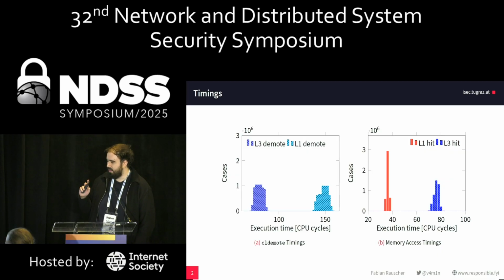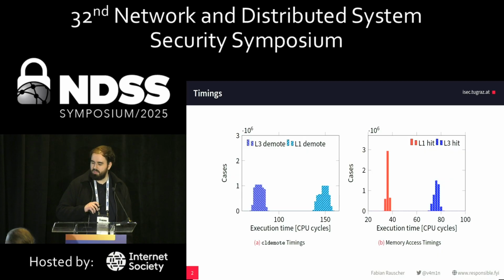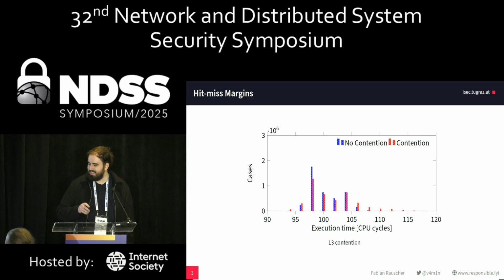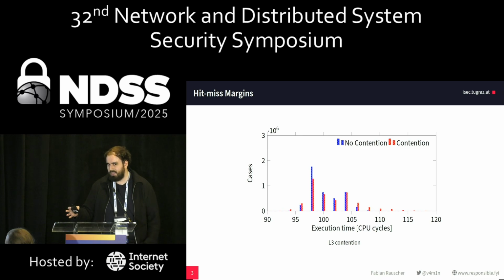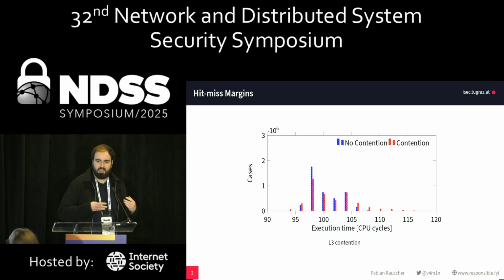Okay, we have one more timing difference that we noticed with this instruction, and this is a very tiny difference. For some reason, if you execute CL-Demote on a cache line that doesn't have to be anywhere in the cache, but the cache line would map into the same L3 set as something else that is currently accessed, you get slower execution times for CL-Demote.